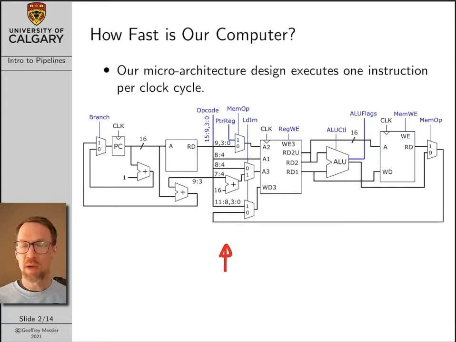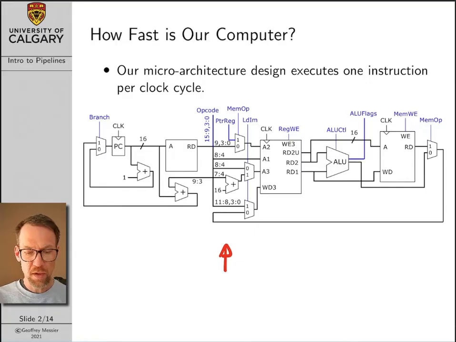So we were able to get a certain level of functionality out of this design, but now we want to make it go faster, right? So much of the activity in the microarchitecture design space deals with how to make our computers faster. There's a whole bunch of really interesting and innovative design concepts around doing this, and pipelines are an important one, and that's the one that we're going to be dwelling on in some detail.